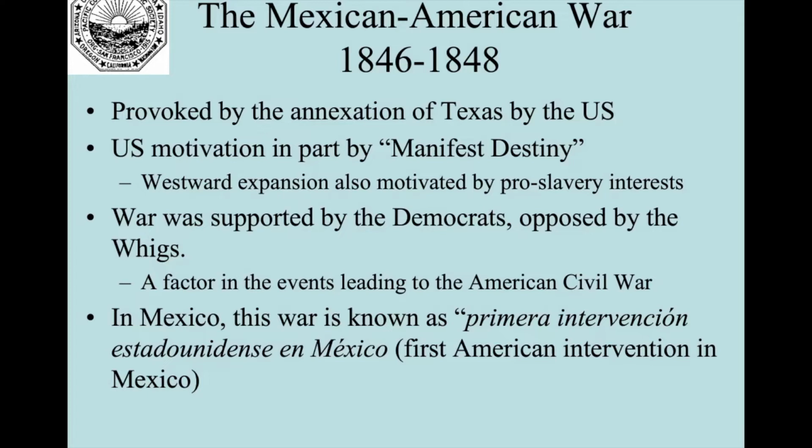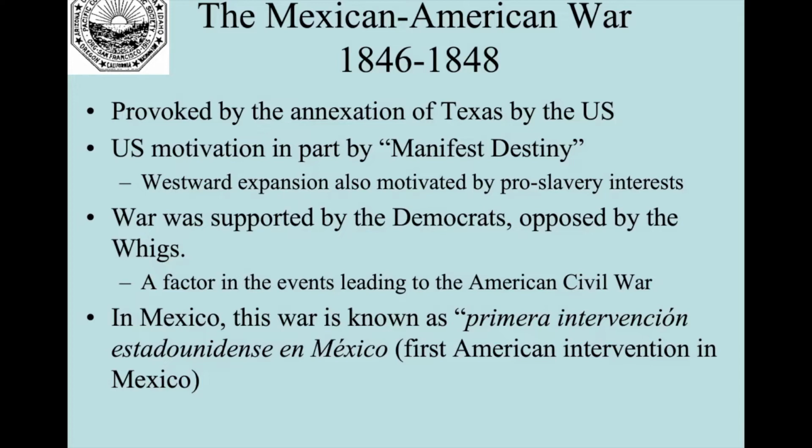And the Mexican government really didn't recognize that Texas was an independent country, the Republic of Texas. But they were sort of happy to let it go as long as Texas didn't become part of the United States. And so when Texas was annexed, this caused problems. But there are other factors at play on the U.S. side.